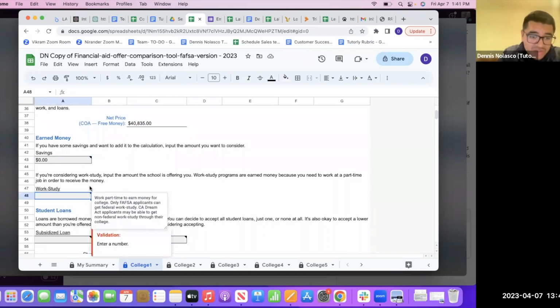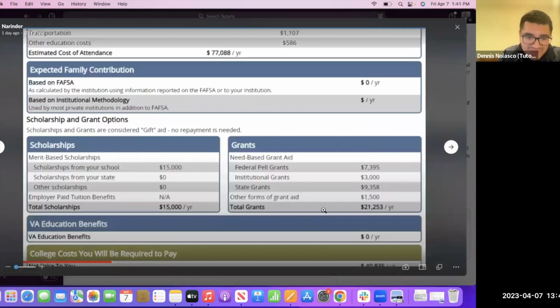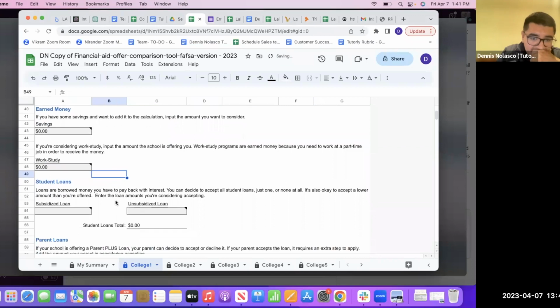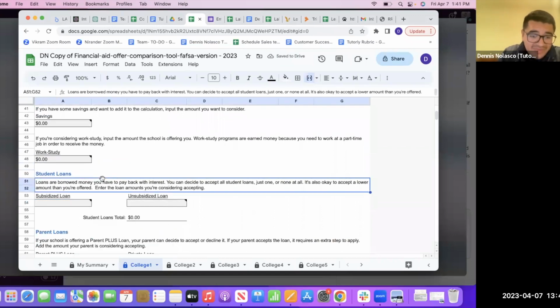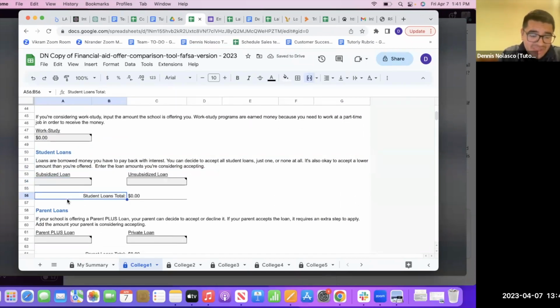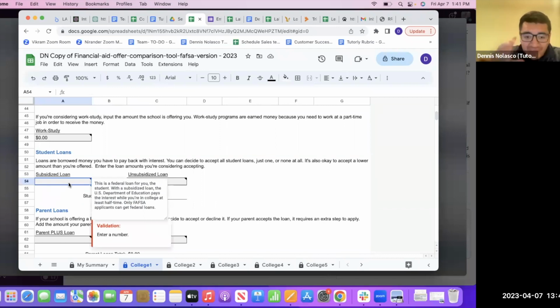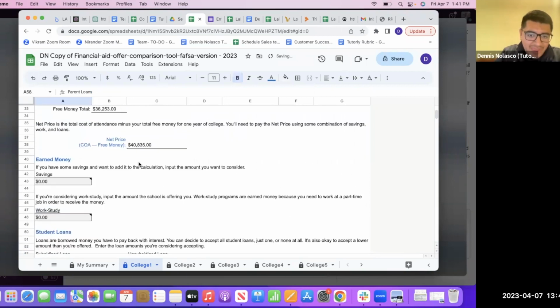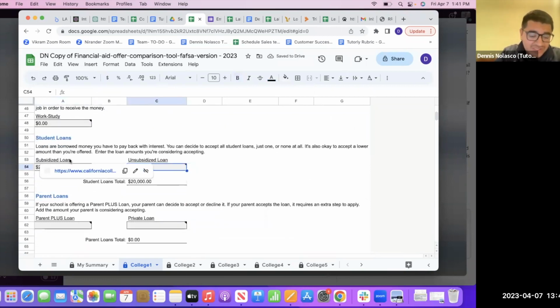Work study can also be offered. I don't think this person got any work study, so for that we're going to put 0. What's most likely going to have to happen here is the student is going to have to take out loans. On the financial aid package or summary, it'll tell you the amount of loans. Maybe this person will get $20,000 in subsidized loans, and then unsubsidized loans.